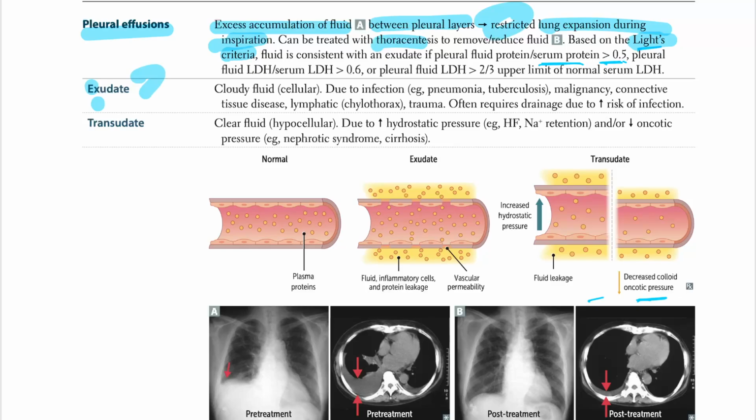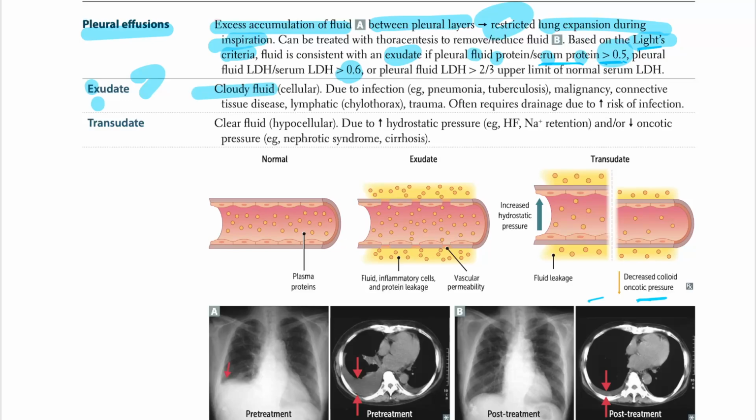So Light's criteria states that exudate is there if pleural fluid protein to serum protein is greater than 0.5, pleural fluid LDH to serum LDH is greater than 0.6, and pleural fluid LDH is greater than 2/3 of the upper limit of normal serum LDH.